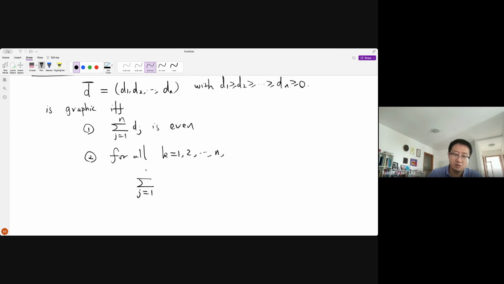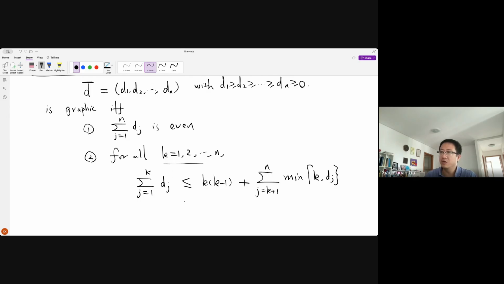The sum from j from 1 to k of dj, the sum of the k largest degrees, is at most k times k minus 1 plus the sum from k plus 1 until n of the minimum of two numbers, k and dj. So you have to verify all these inequalities.